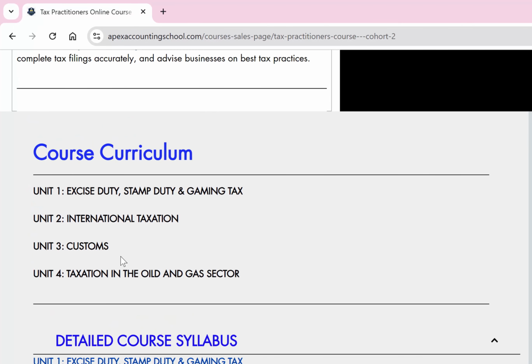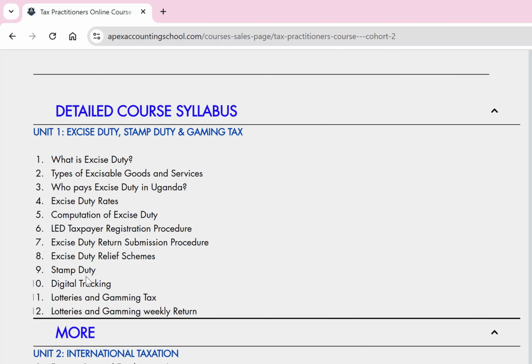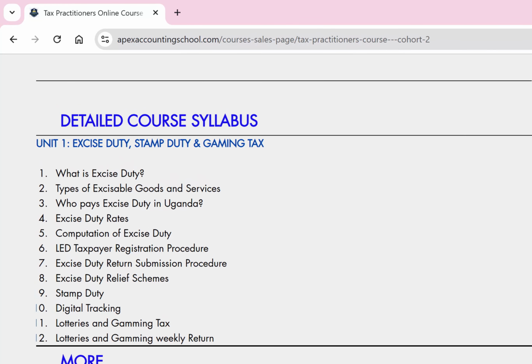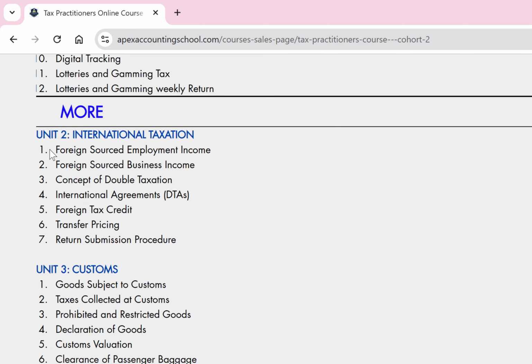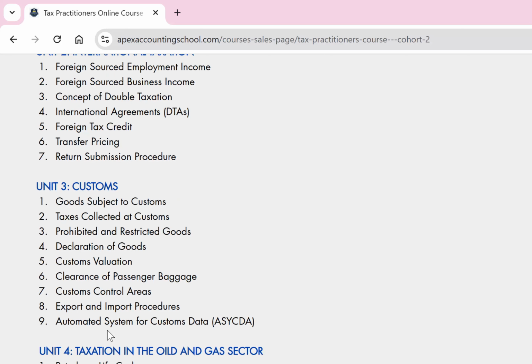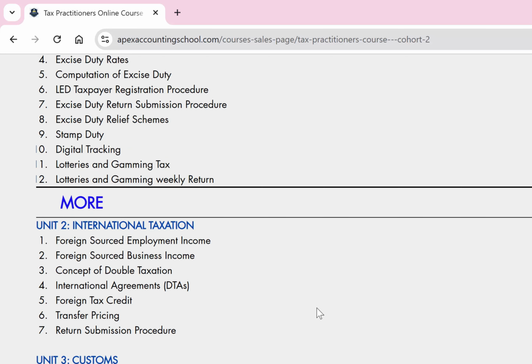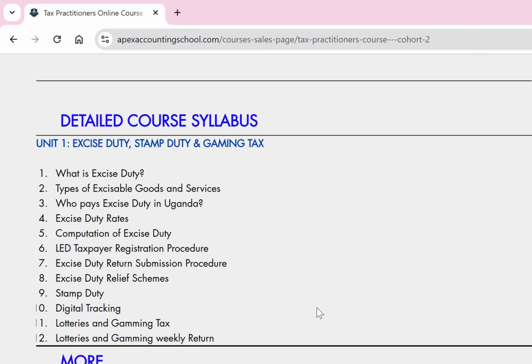Unit 3 is customs, and then Unit 4, taxation in the oil and gas sector. The detailed course syllabus is also given on the page. You should be able to see what we are going to cover under Unit 1, what we are going to cover under Unit 2, what we are going to cover under Unit 3, and also what we cover under Unit number 4.